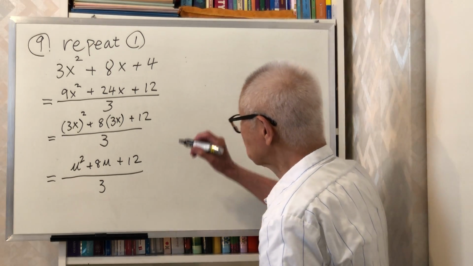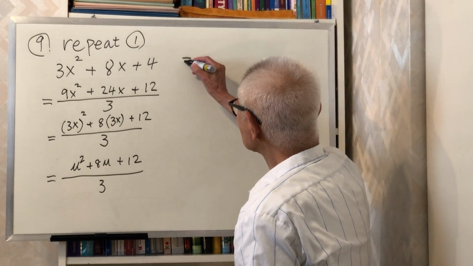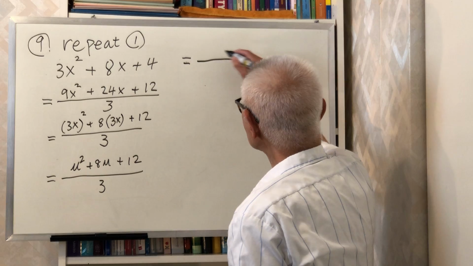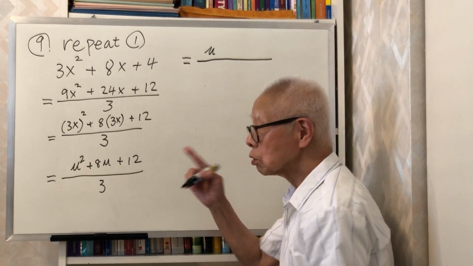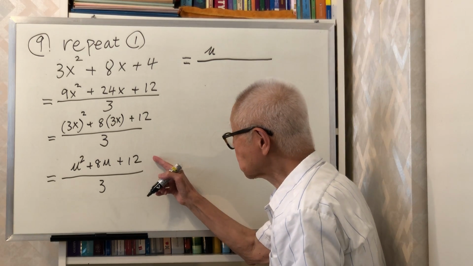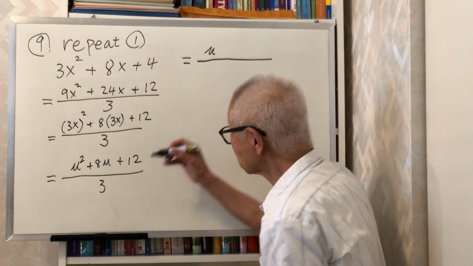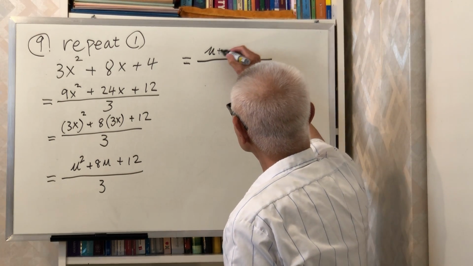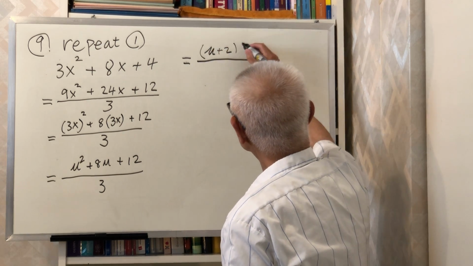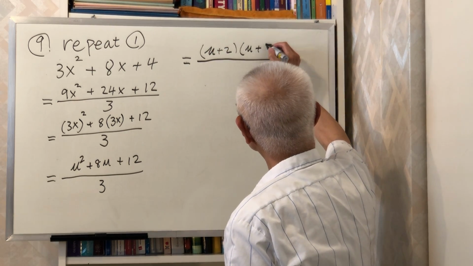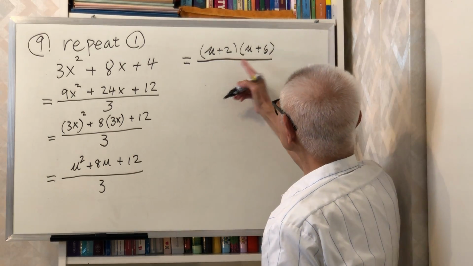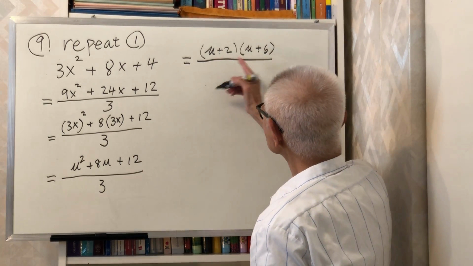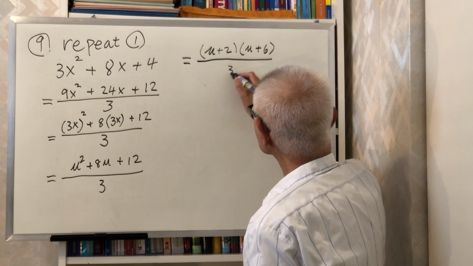So I can factor this. Factor the numerator: u, what is 12? 2 times 6. 2 times 6 is 12, 2 plus 6 is 8. So it's 2 and 6. Okay, 2 plus 6 is 8, 2 times 6 is 12, and then divide by 3.